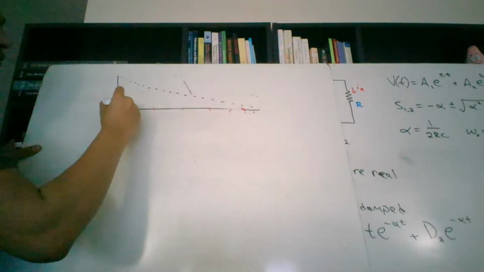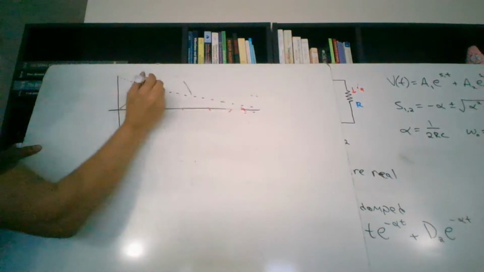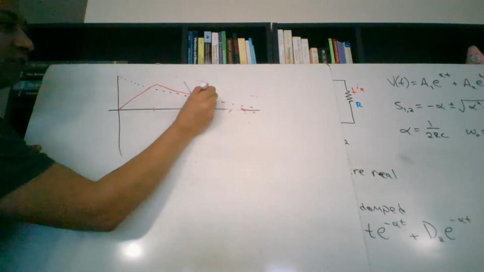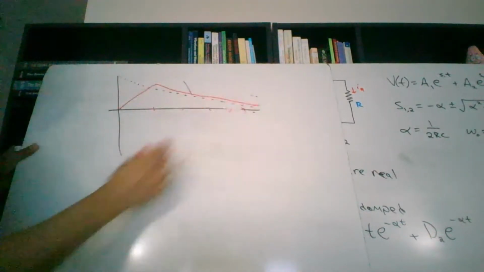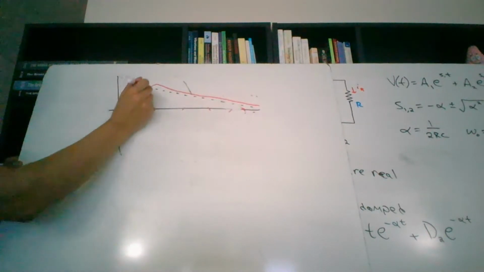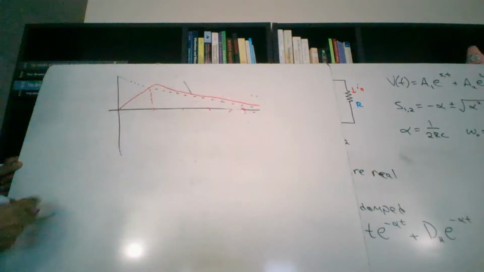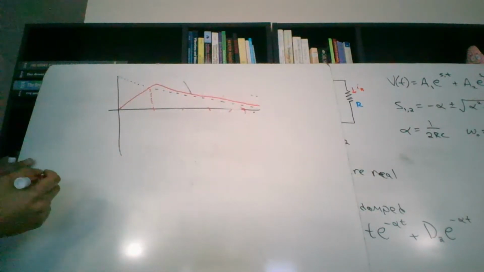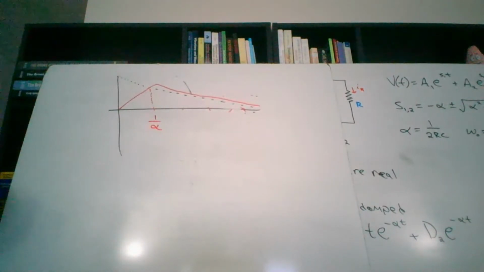It would actually go above the line, and then as it decays downwards, it would do the same thing as the dotted line, but close to it. This is critically damped here. Now, the point where it overcomes our dotted asymptotic line is going to be given by the value of 1 over alpha.